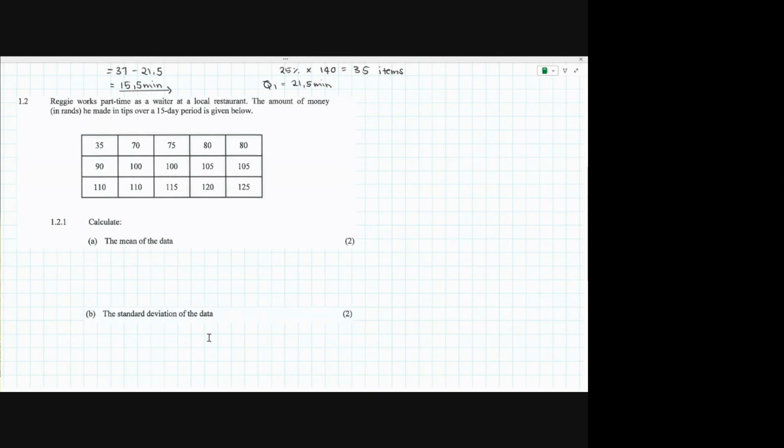So I'm going to give you 2 minutes, 3 minutes. No, maybe a little bit longer than that. 2 marks each, so 4 minutes. I'm going to give you 5 minutes to input your data and work out the mean and the standard deviation. You can put your answers in the chat, so you help each other to check.